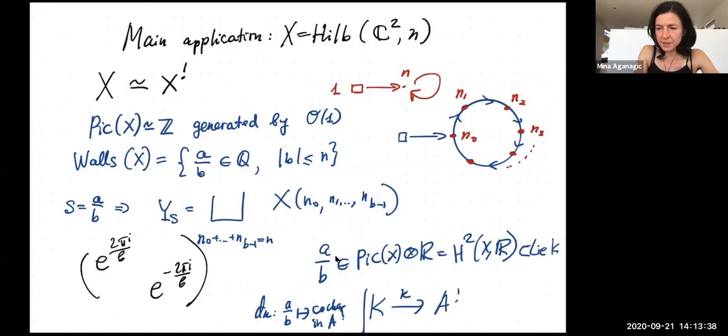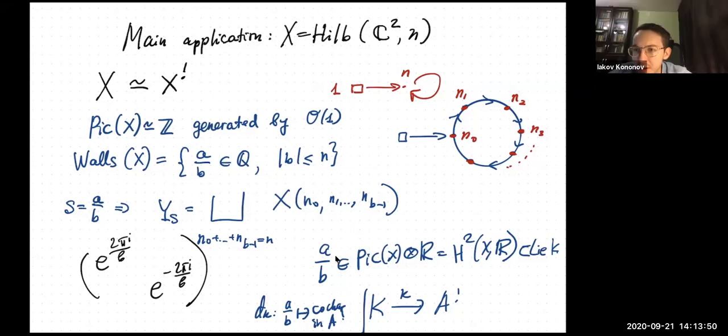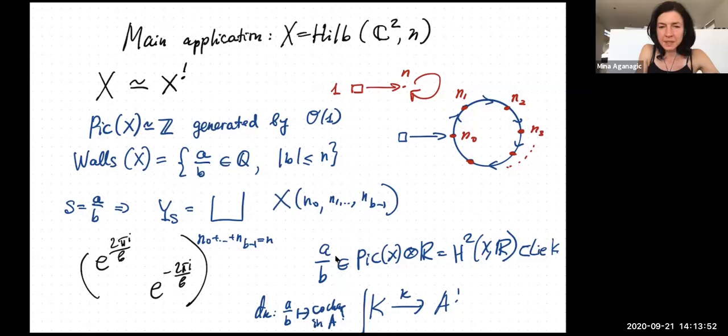So again, for him, being near a particular wall, maybe something like torus knots in length, means a particular torus action on the whole variety, a torus action which looks like the matrix that he wrote in black.